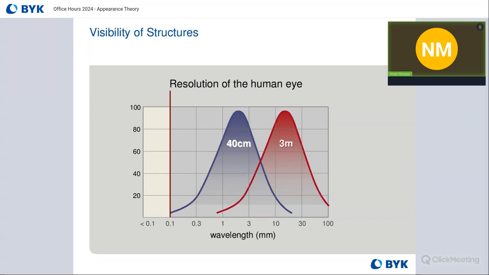Structures smaller than 0.1 millimeter, we can't really see from larger distances. Then we move to our closer distance, which is around 40 centimeters, and we best see structure size of approximately 1 to 3 millimeters. So that's our shorter wave. We can't resolve structures below 0.1 millimeters very well because that's the limit of our human eye.